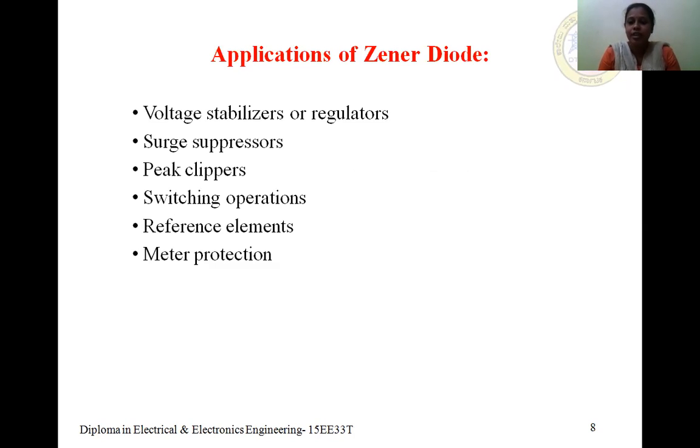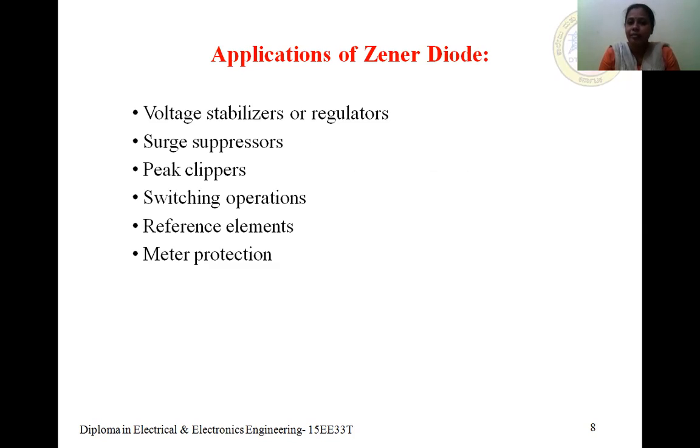Next, coming to the applications of the Zener diode. Normally, the Zener diode is used as a stabilizer or regulator, where it is used in TVs or refrigerators for maintaining a constant voltage.